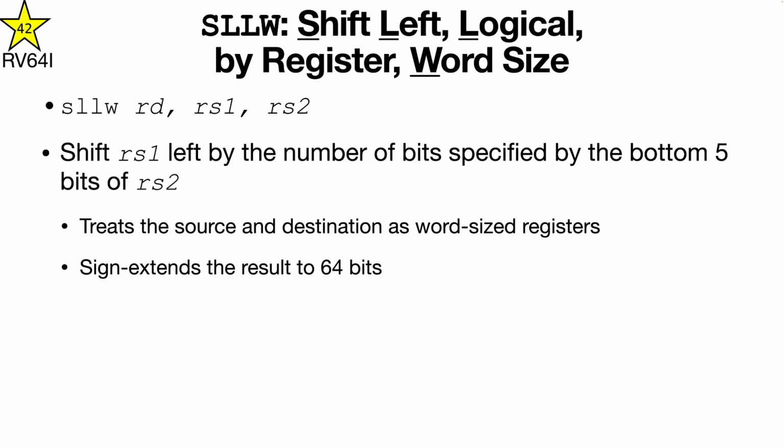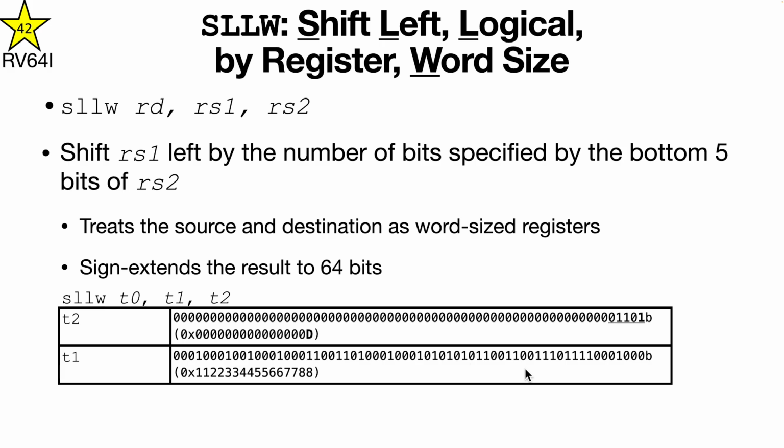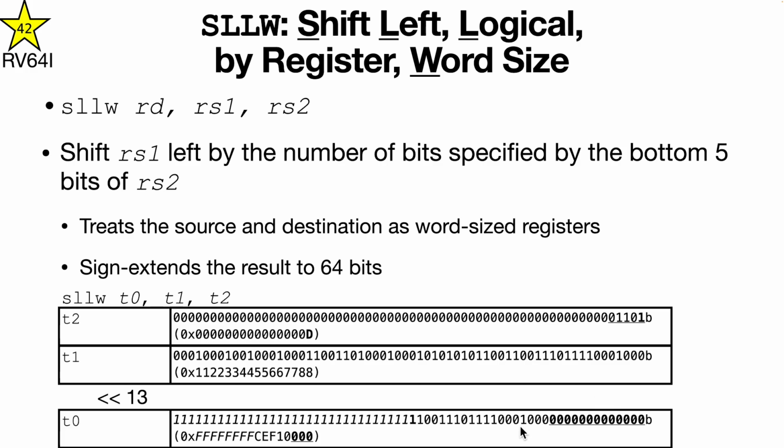Let's see a different example of that. We've got now D, we're going to shift by 13 bits instead of 12 bits. And so if we once again have 112233 up to 88, and we shift that left logical by 13 bits, that is going to mean that that most significant bit, which was previously 0, now it's 1, and so this thing that was 6, which was 0, 1, 1, 0 for 6, got shifted over 1 more, and now the most significant bit is 1, and so we've got all Fs followed by CCEF1 and 4 zeros.